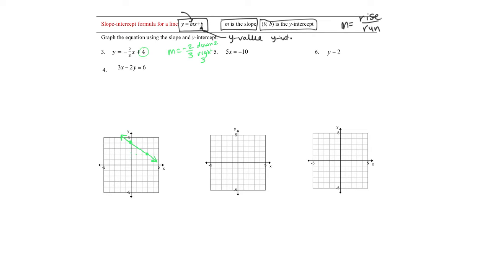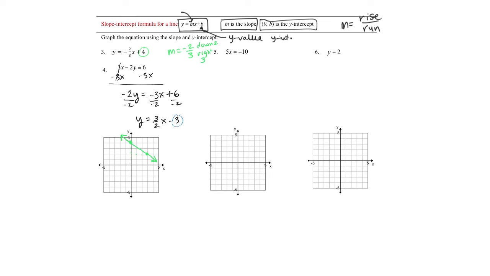And now I can do the same thing here on number 4, but first I'm going to rewrite that in y equals mx plus b form. So I'm going to solve for y, and I would subtract 3x from both sides and get -2y is equal to -3x plus 6. And then I can divide everything by -2, and I get y is equal to 3/2 x minus 3. And now I can plot that.